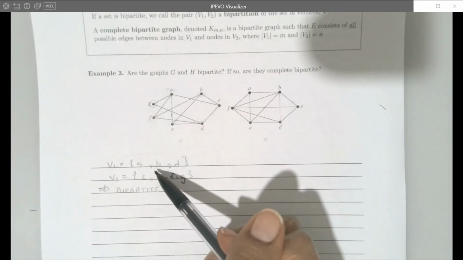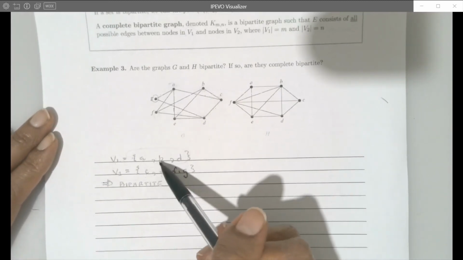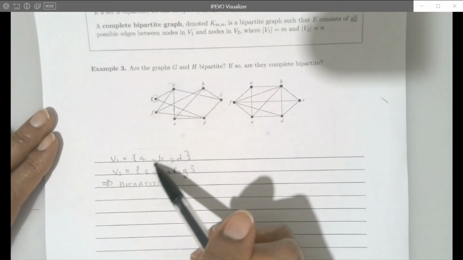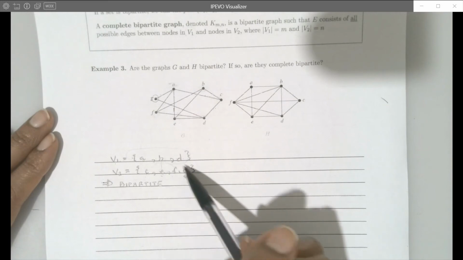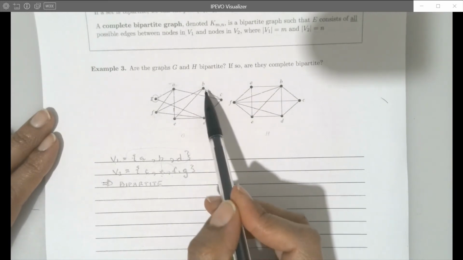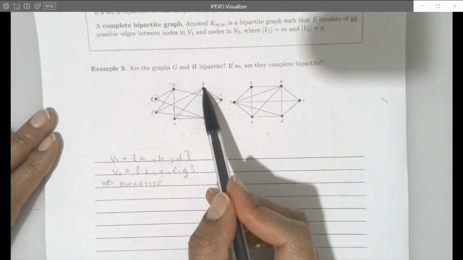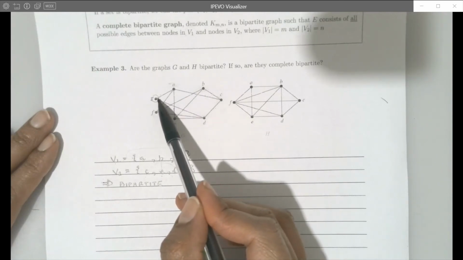So far so good. Then we take a look at B, and B would have to have all of those same edges. B with C, B with E, B with F, B with G. There is a B with C, there is a B with E, there is a B with F, but there is no B with G. Right?